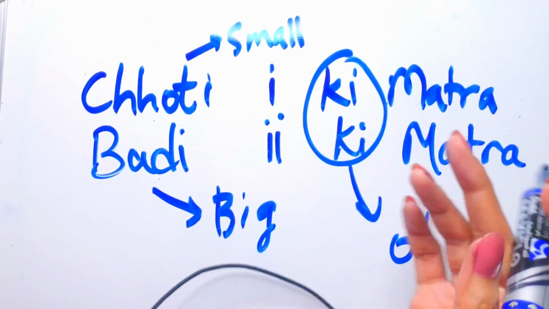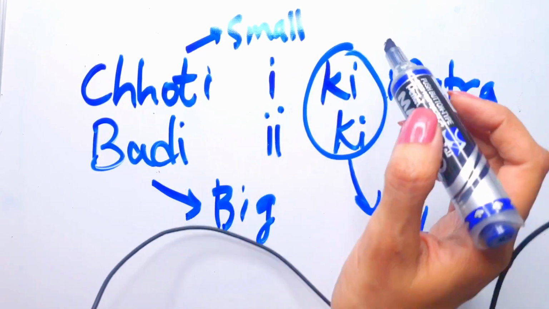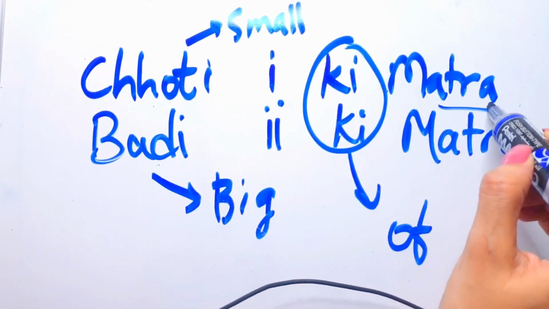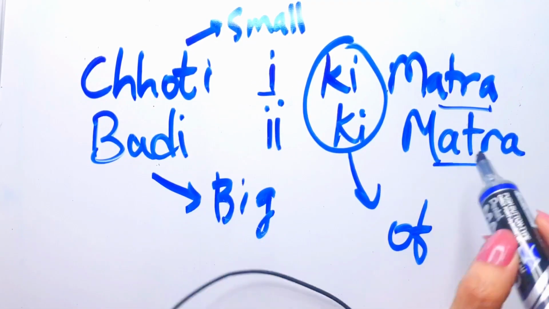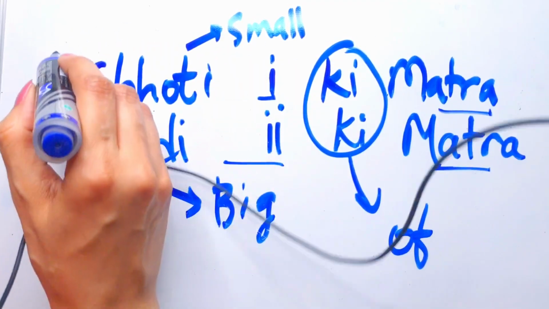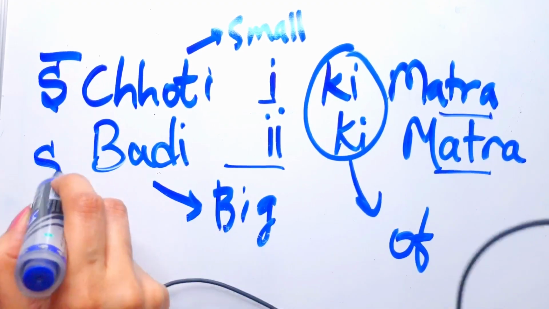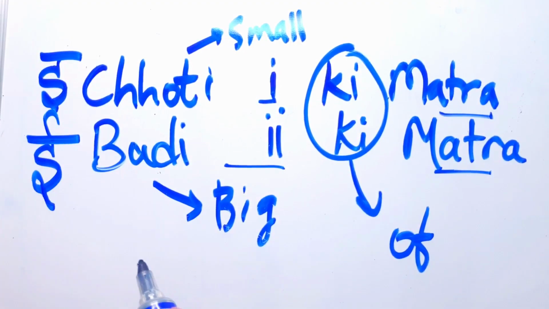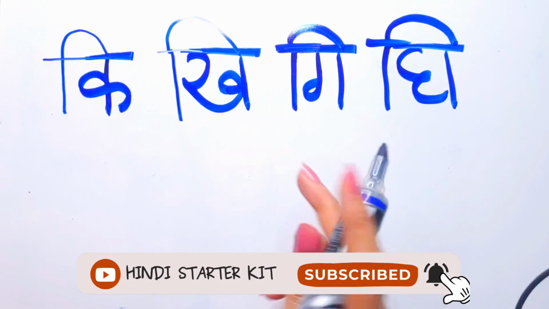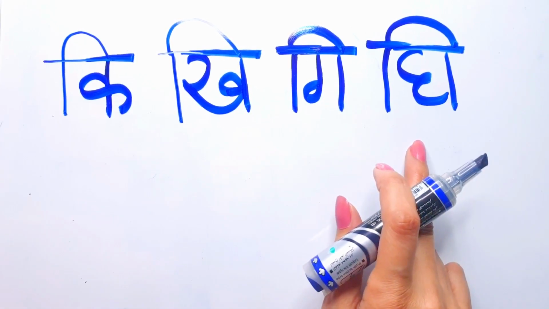And matra is the sign. The symbol is known as matra. So, it basically means the matra of small e and the matra of big e. Okay, so the small e is this one and the badi e or the big e is this one. So this is ki, khi, gi, ghi.